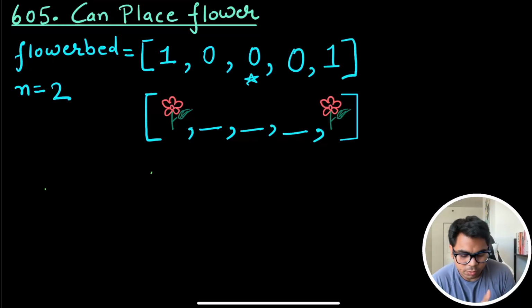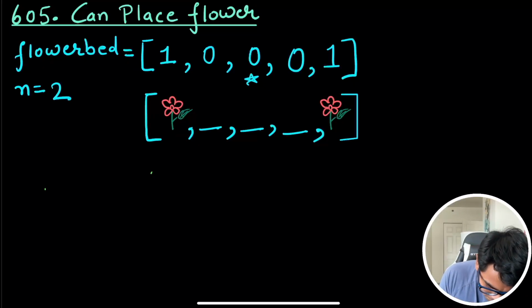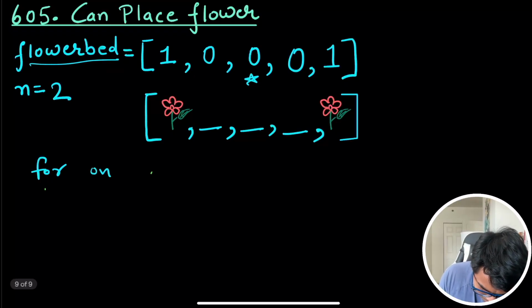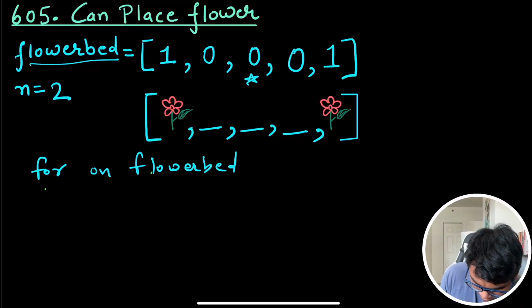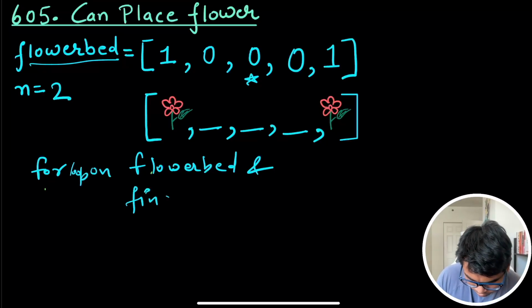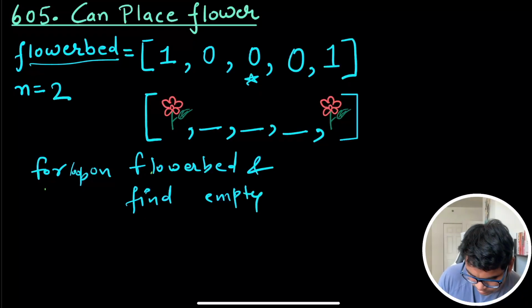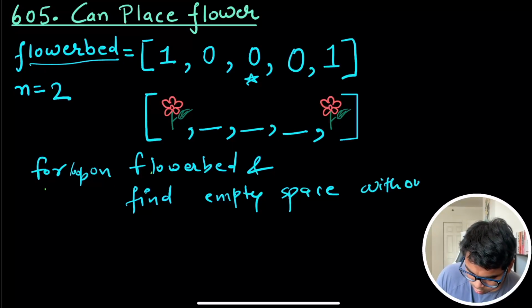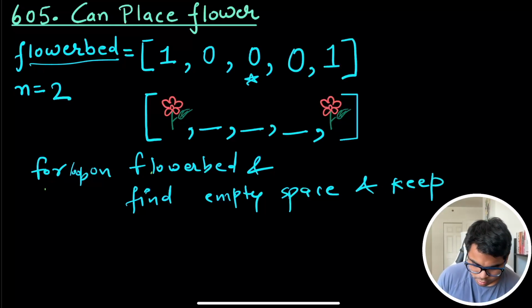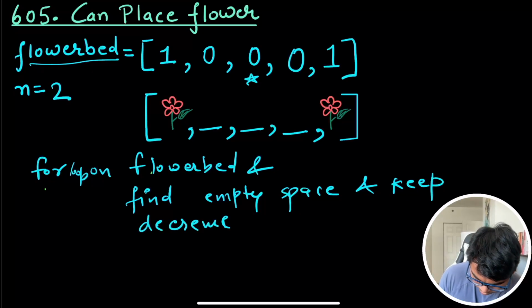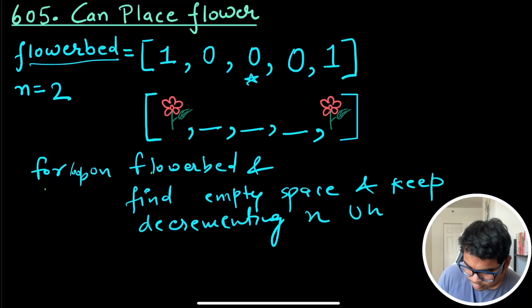So what we would rather do is, how about we just run a for loop on our flower bed, and find an empty space, and then keep planting flowers and keep decrementing until n is 0.